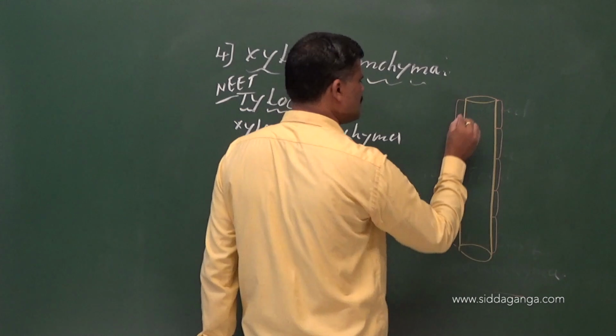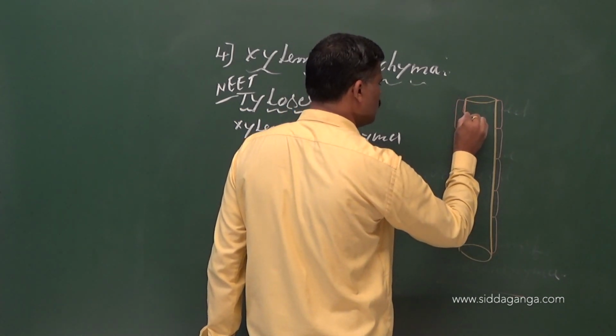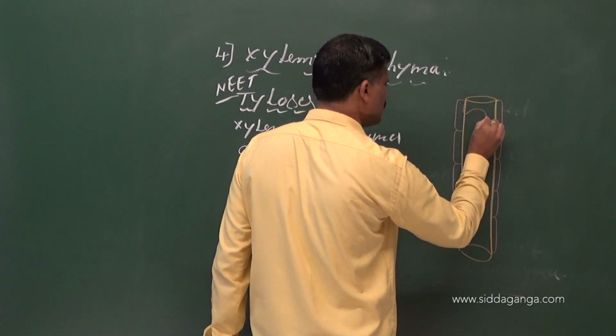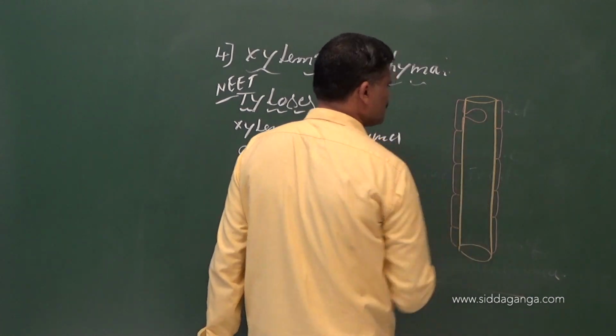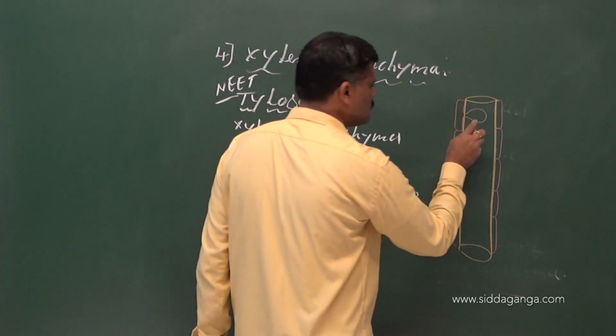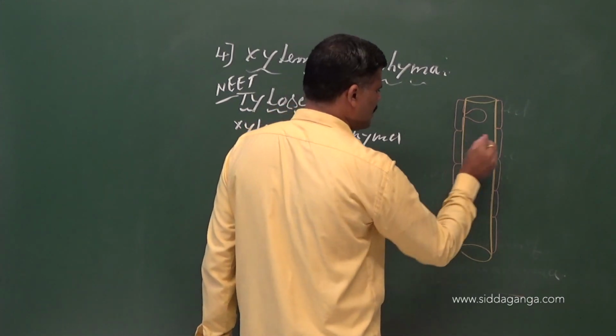The parenchyma cells produce an inward button shaped structure into the lumen of xylem.